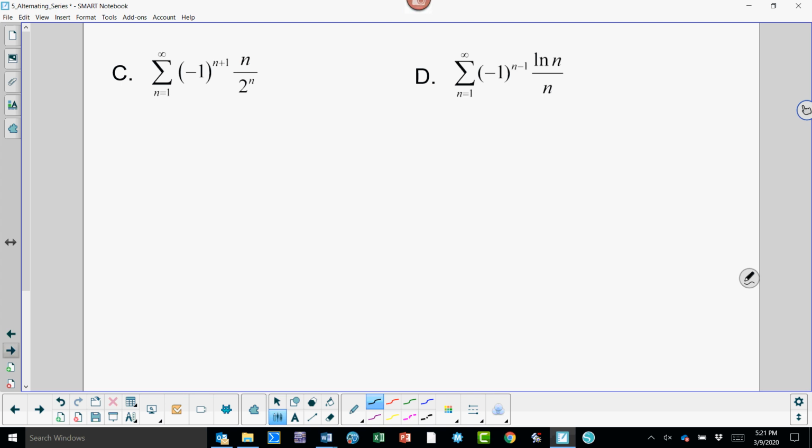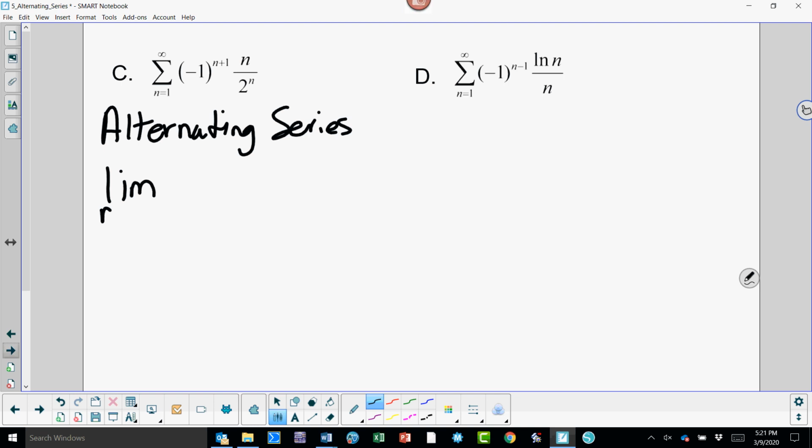Okay, so C. Again, I have the -1 to the n plus 1, so I'm going to say this is an alternating series. I need to say that first, because then that tells me what I need to show. So first of all, the limit as n goes to infinity of n over 2 to the n is going to equal 0. Now, you could use L'Hopital's rule, but 2 to the n is an exponential which grows way faster than n.